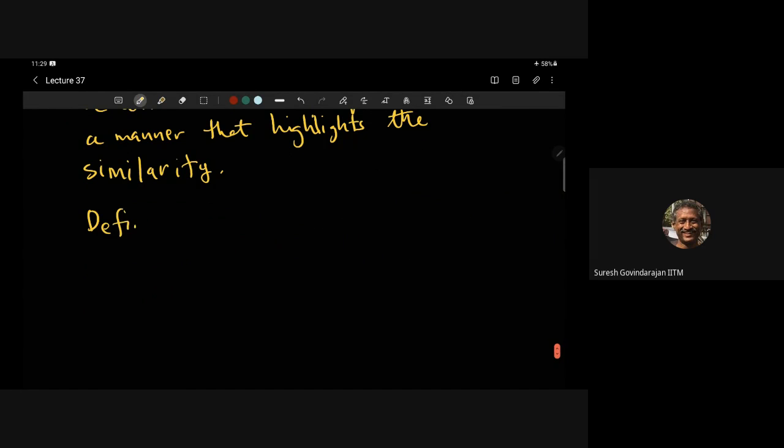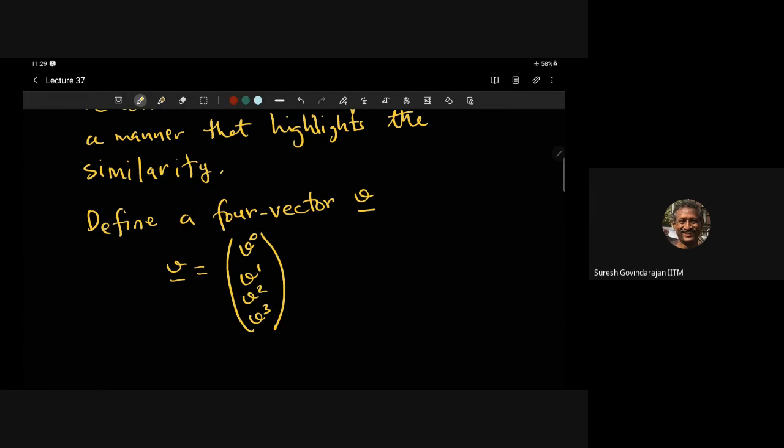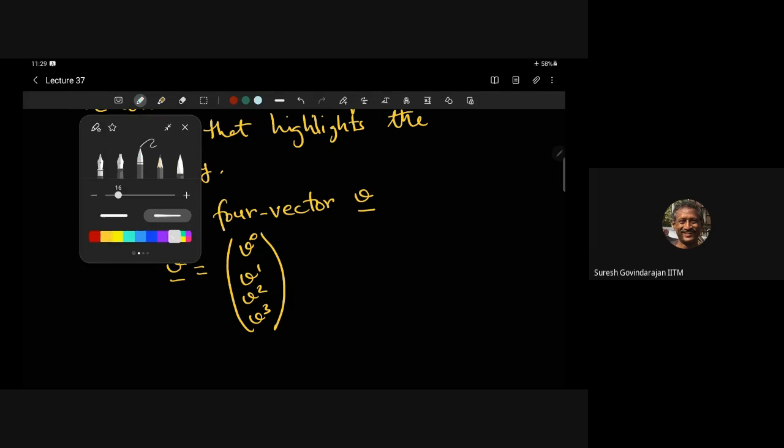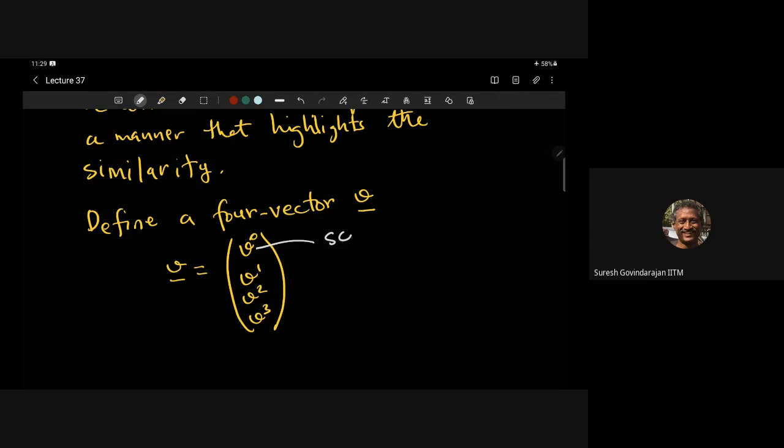a 4 vector. A 4 vector V consists of a scalar under rotations and some other vector under rotations. So let me write what I mean by this. This is some scalar under rotations, and this fellow is a vector under rotations.